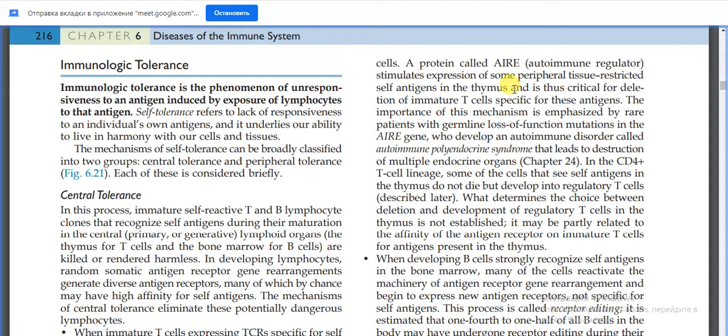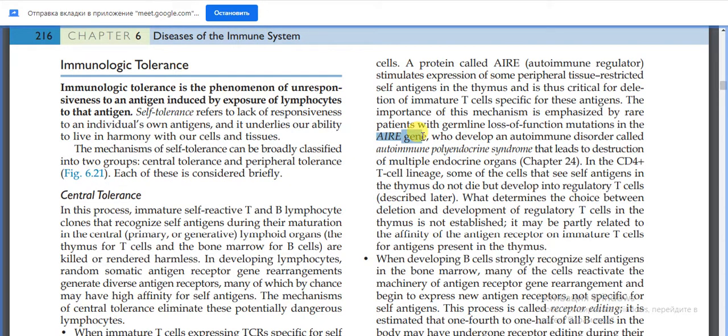Okay, let's look at one example. We have autoimmune polyendocrine syndrome. It happens when we have a mutation in the AIRE gene.